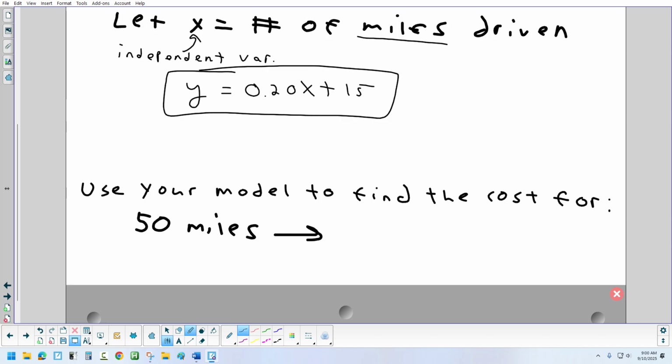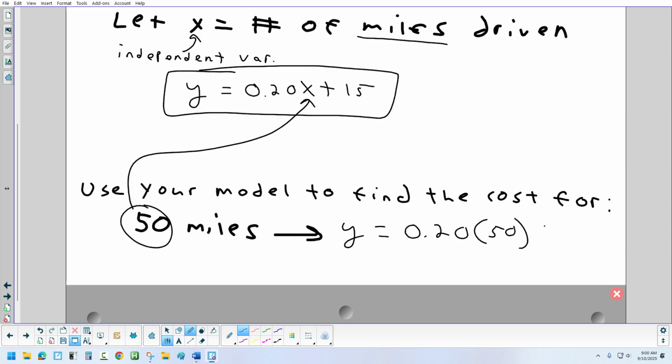Right, you're going to take 50 miles, and we're going to fill that in for X. So we have Y equals 0.20, 20 cents, times 50, plus 15. 0.2, that's 2/10.